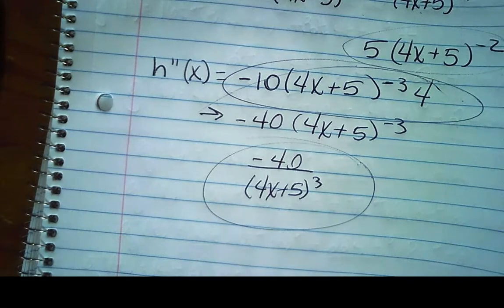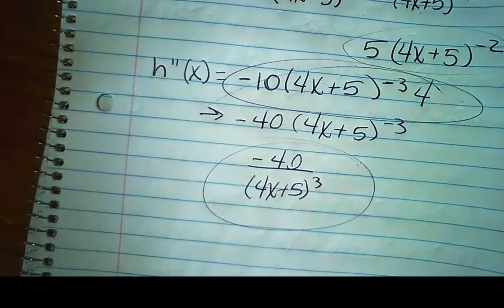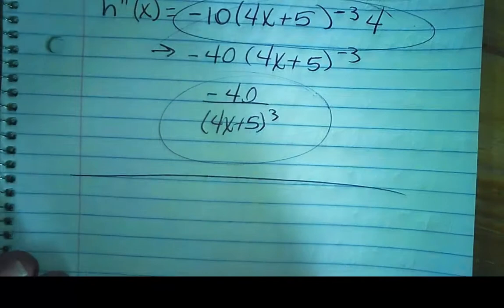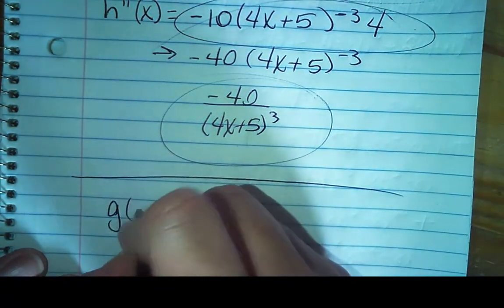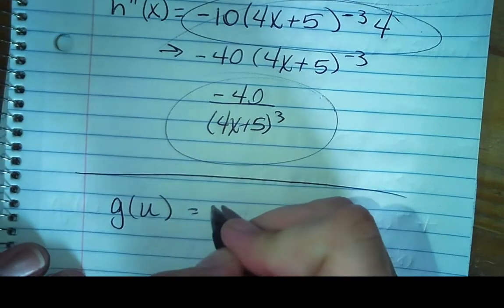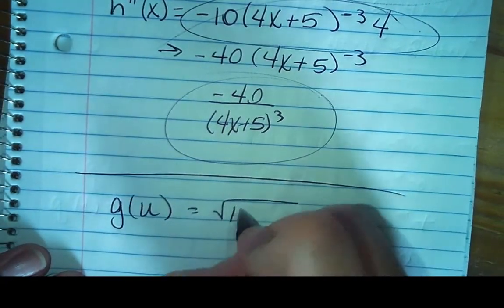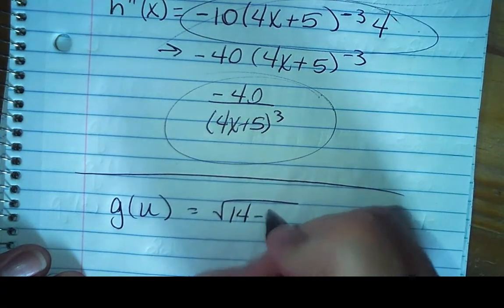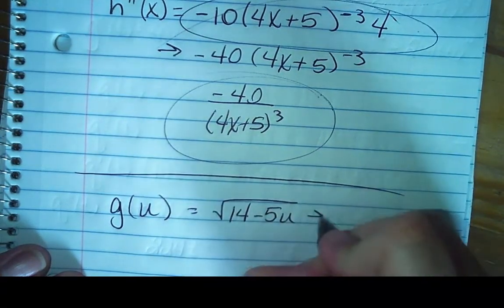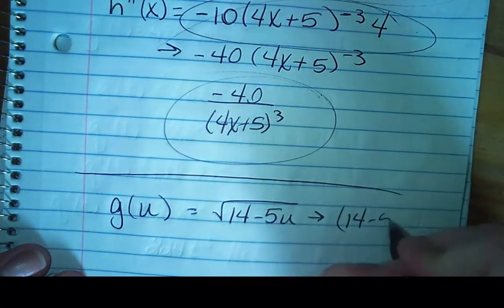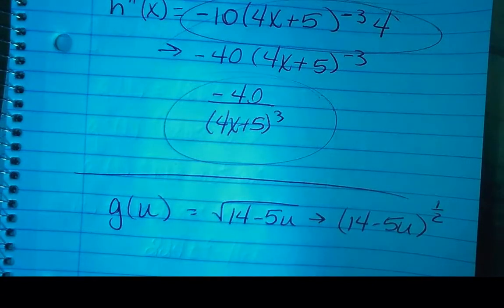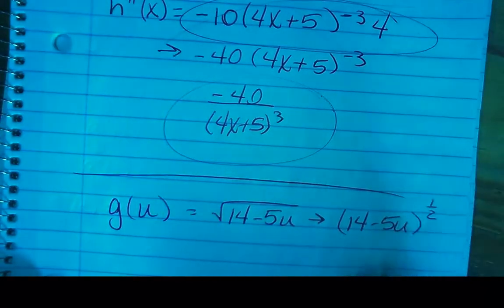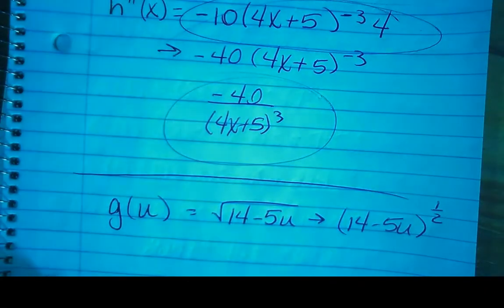So let's do another few. We have g of u is going to be the square root of 14 minus 5u, which I'm going to rewrite as 14 minus 5u to the positive 1/2 power. I'm going to find my first and second derivative.